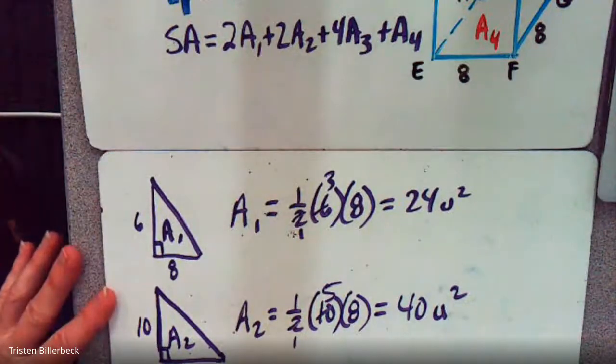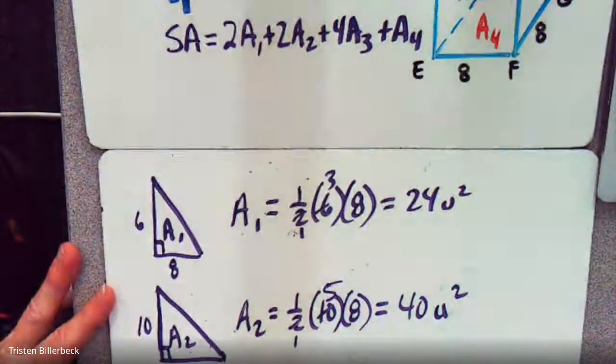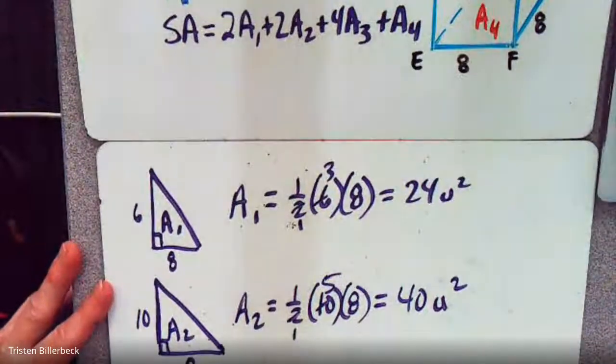A3 is just a rectangle, so it's 8 times 8 times 12. Okay, A3 is just 8 times 12, which gives us 96 units squared.